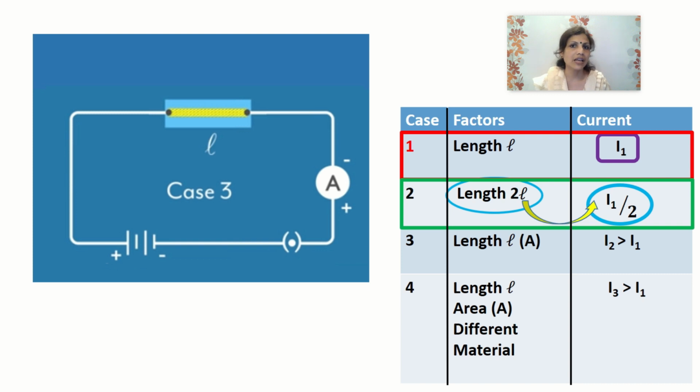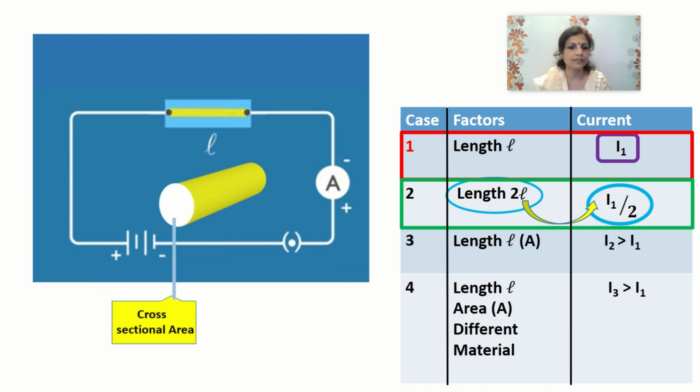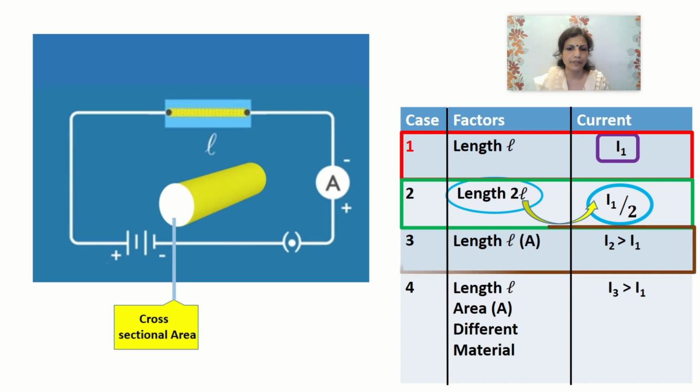When I say it has more cross-sectional area, look at the figure. This particular part is the cross-sectional area of the wire. We will denote this cross-sectional area as A.